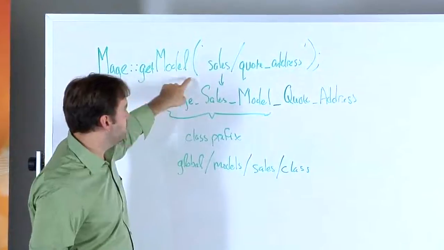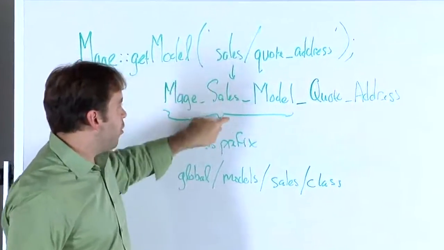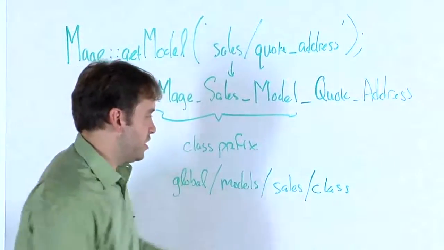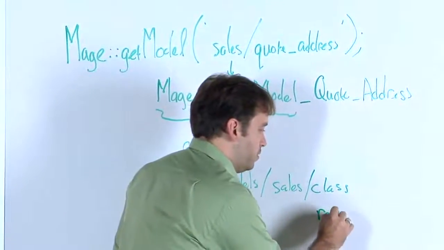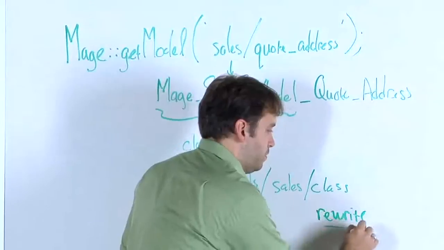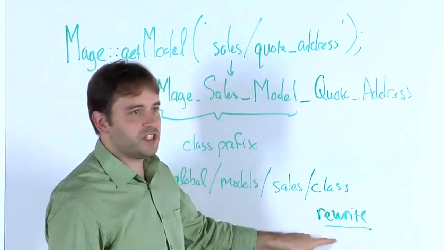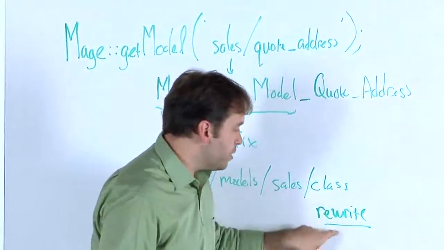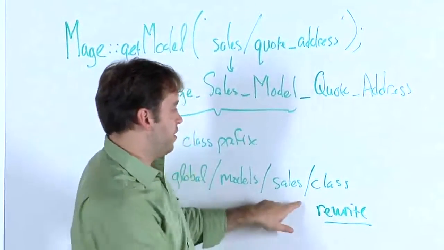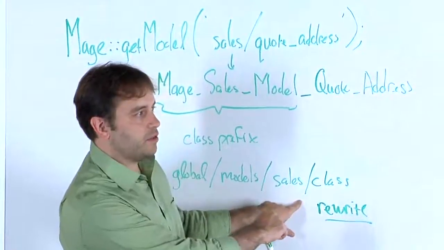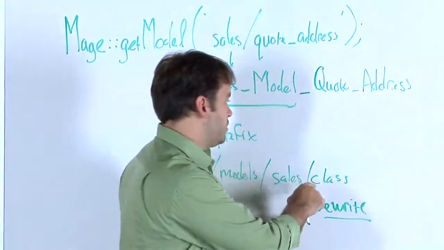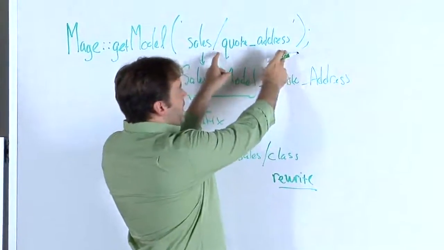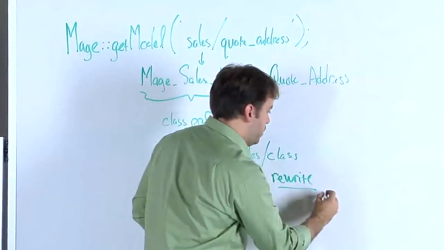We use the factory method because before Magento looks in the class node, it looks to see under sales if there's a rewrite node. So these two sibling nodes, and it looks at the value there. Now, under rewrite, the configuration class looks to see if there is a match here, quote underscore address.